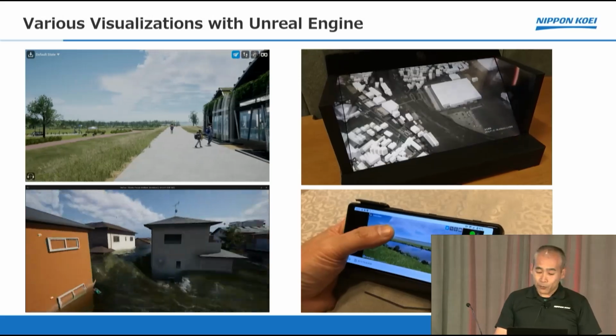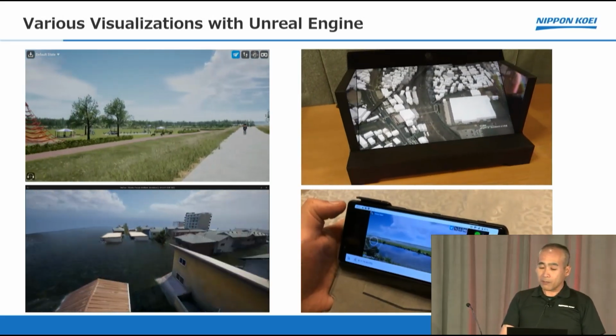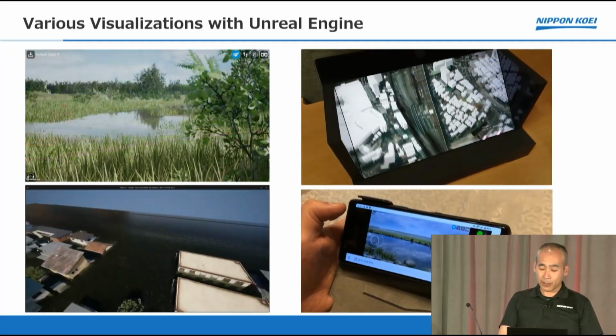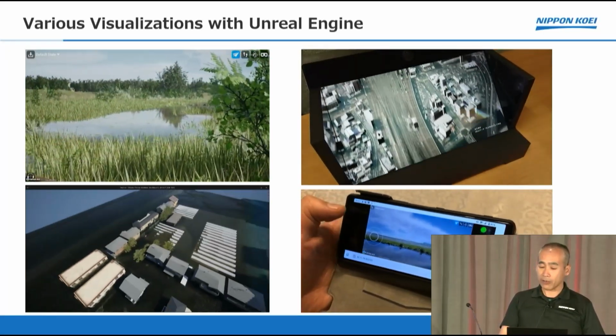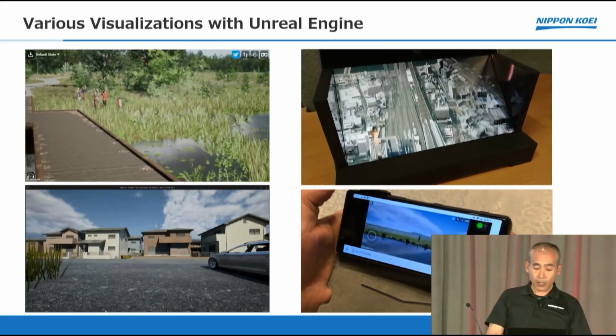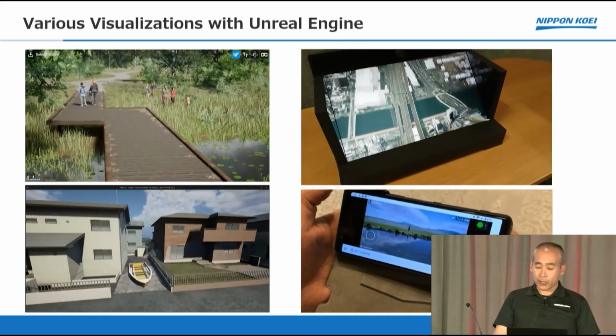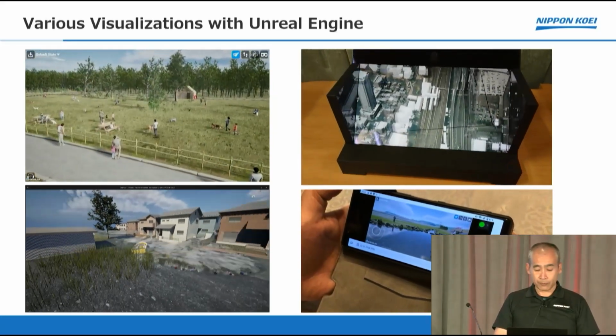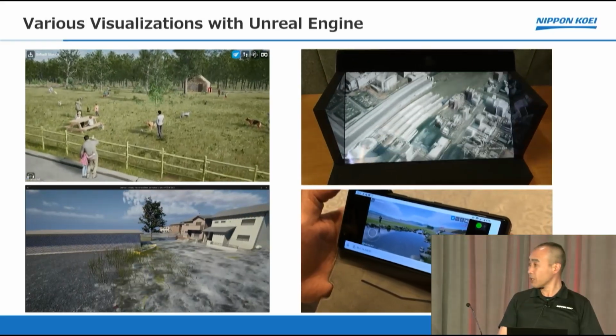Another case is we create digital visualization for Sony spatial reality displays, which do not require any glasses to view 3D scenes. In this case, we create the contents by using a 3D city model called PLATEAU, which is developed by the Japanese government.